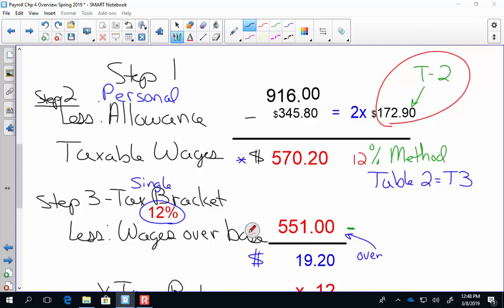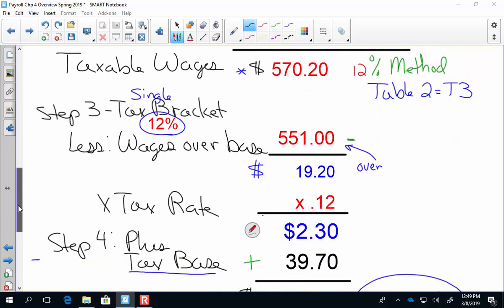So at this point it says, if I'm in the 12% bracket, I'm going to withhold $36.70 plus 12% over, oh, wrong table, I was on the wrong table. Table 3 is $39.70 plus 12% over 551.